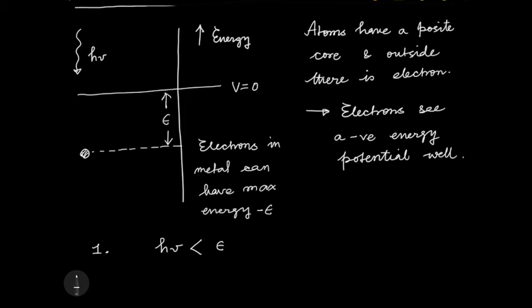If h nu is less than epsilon, this electron, on getting the full energy of the photon, will not be able to come out of the metal because it will still have some negative energy. The electron will remain trapped in the metal.